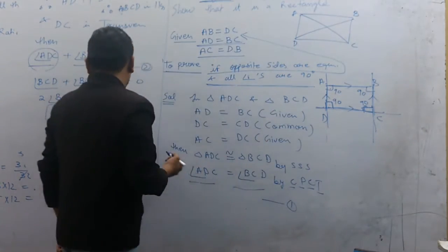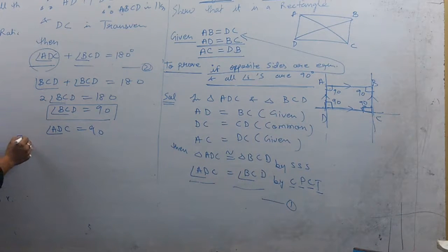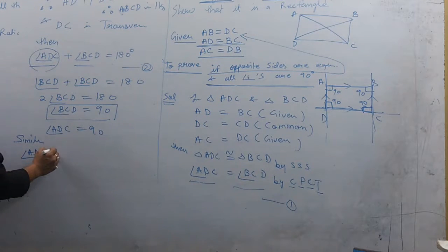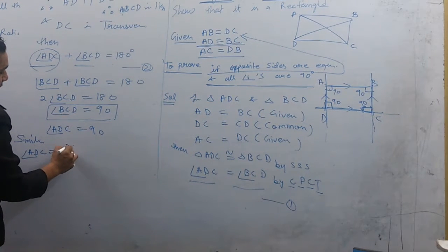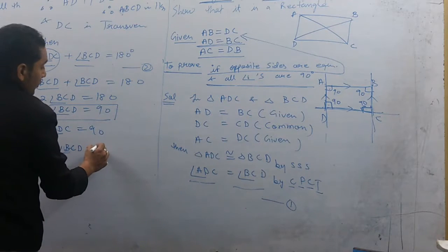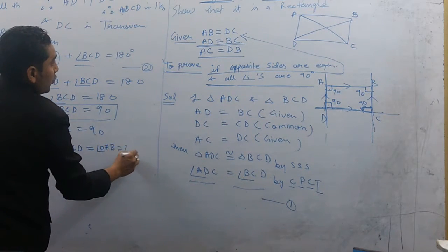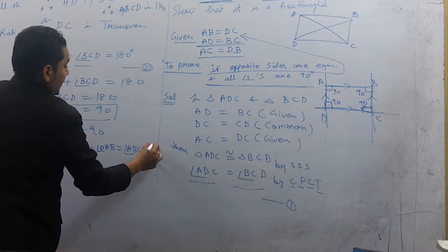Then we can say similarly ADC is equal to BCD is equal to DAB is equal to ABC is equal to 90.